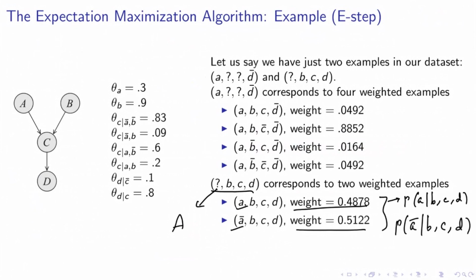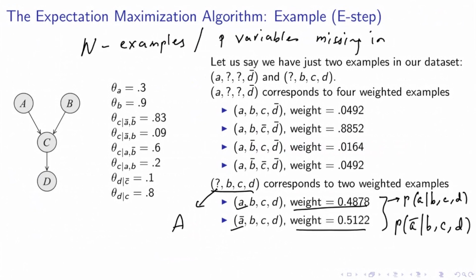Okay, so if you have a data set having n examples, and let's say there are exactly p variables missing in each example, then how many possible completions are there?